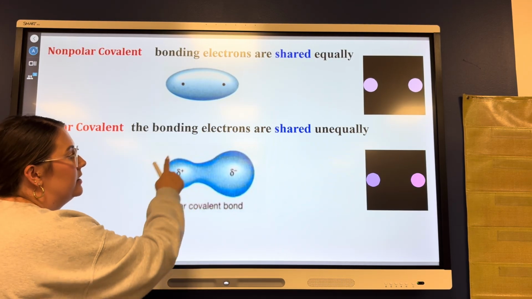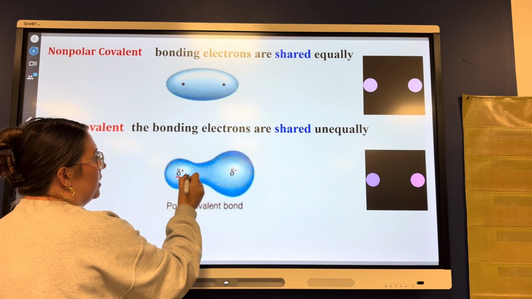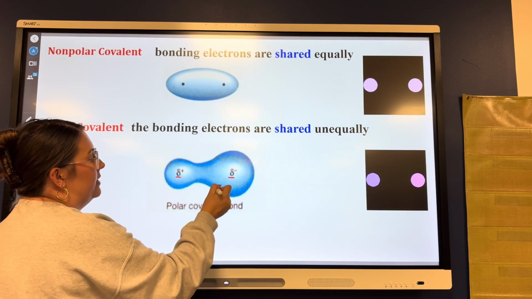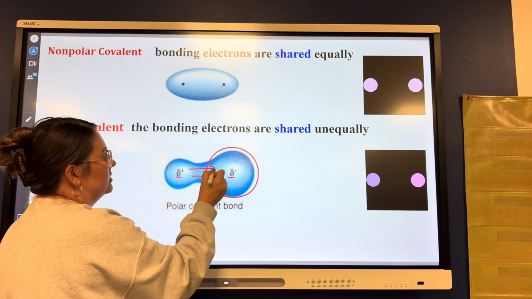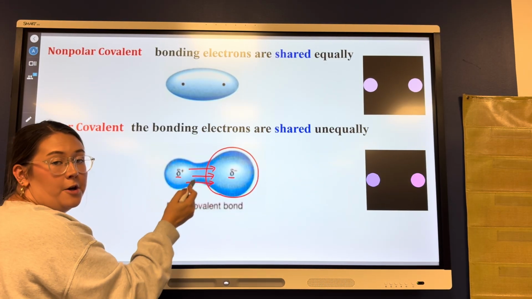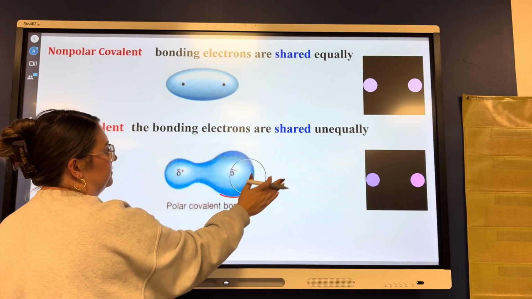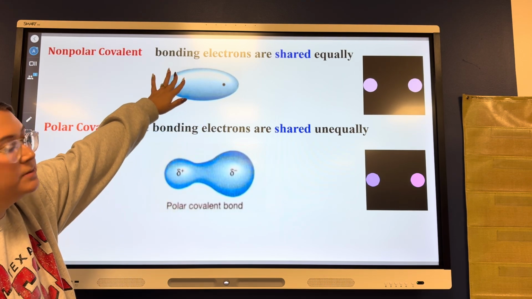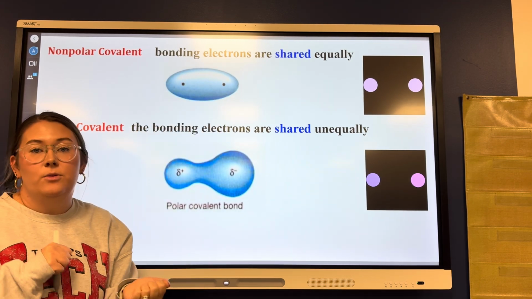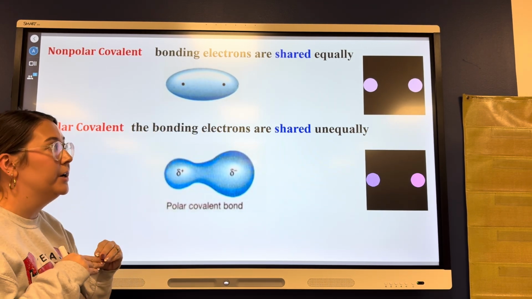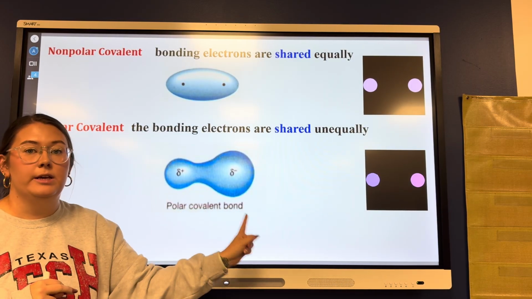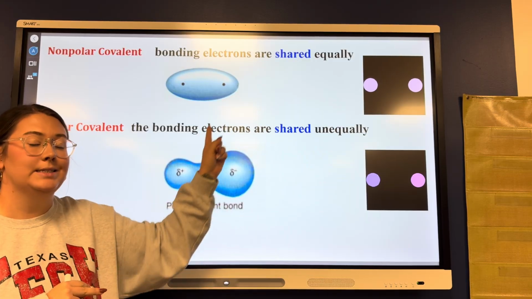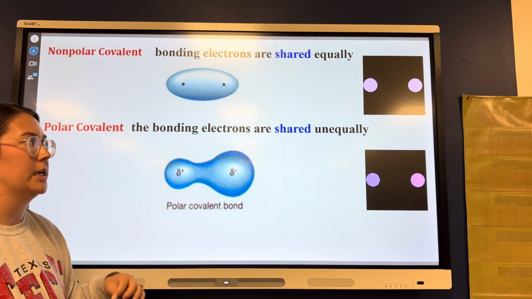So with this polar covalent bond, if you look at partial charges, positive and negative, this one over here is pulling in the electrons a lot more strongly from this end. Whereas in this molecule, they're pulling equally and sharing pretty equally, they're evenly distributed. But this one right here is pulling the electrons in more strongly.